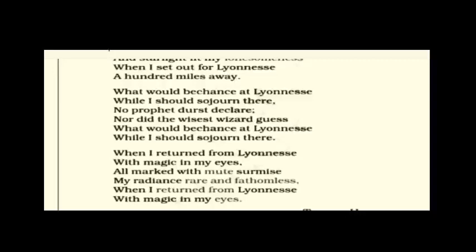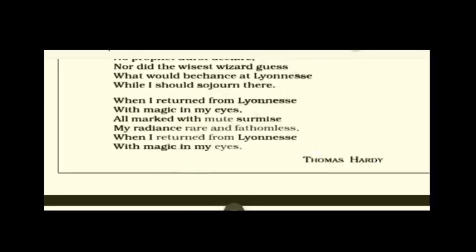So let's move on to stanza 3. What is it about? Let's find out. When I returned from Lyonesse with magic in my eyes, all marked with mute surmise, my radiance rare and fathomless, when I returned from Lyonesse with magic in my eyes. So we were talking about that magic in his eyes, isn't it? It's not like he started casting spells from his eyes.